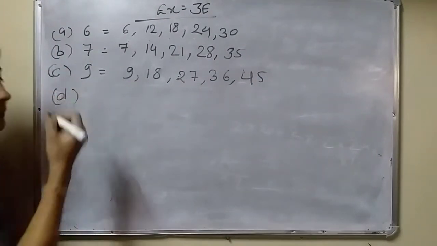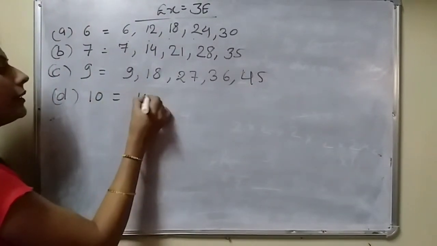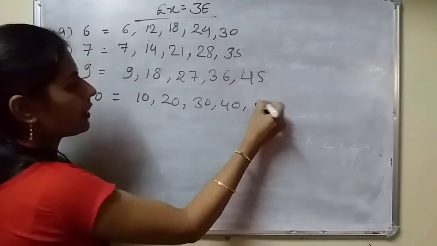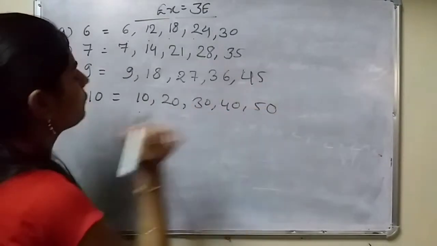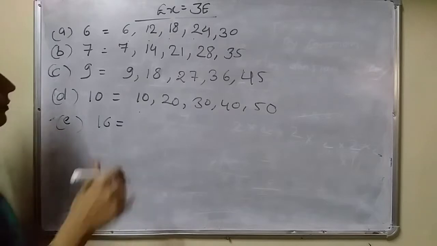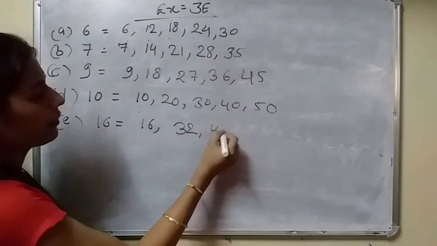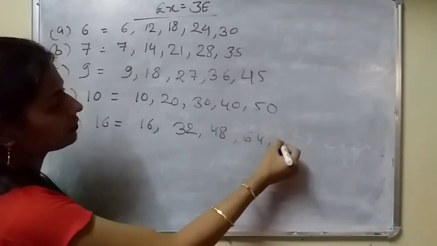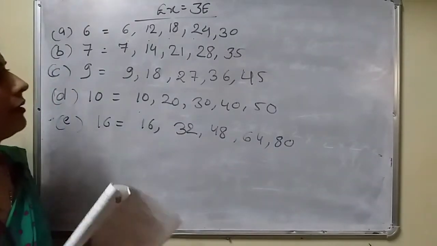Now see D, 10. 10, 20, 30, 40 and 50. First 5 multiples of 10 are 10, 20, 30, 40 and 50. E, 16. 16 1s are 16, 32, 48, 64, 80. These are the multiples of 16.